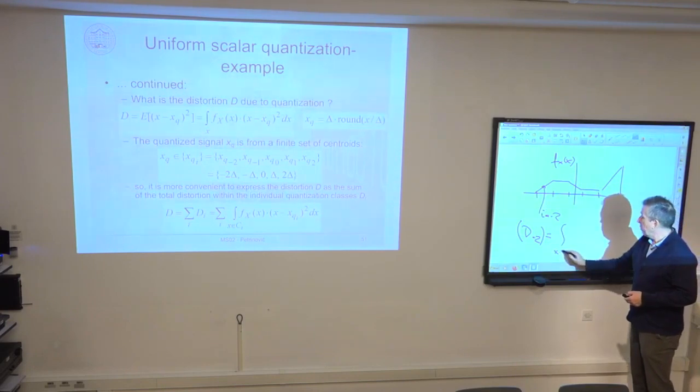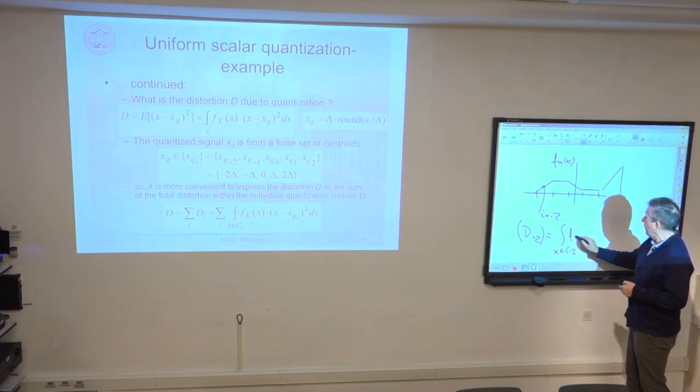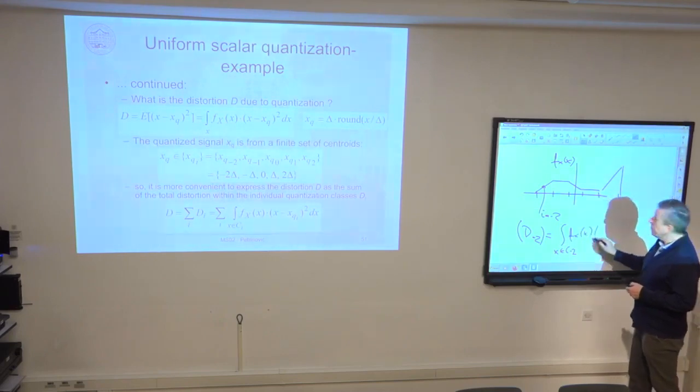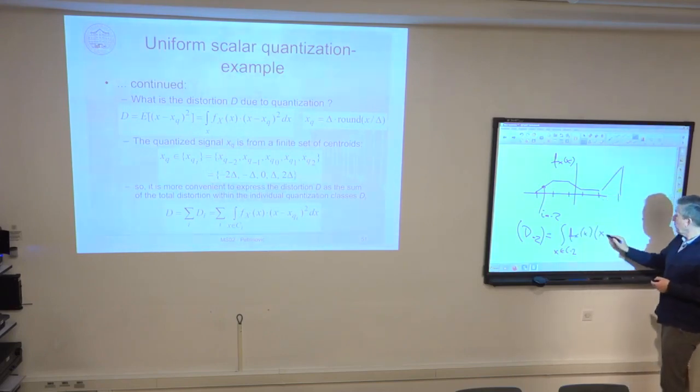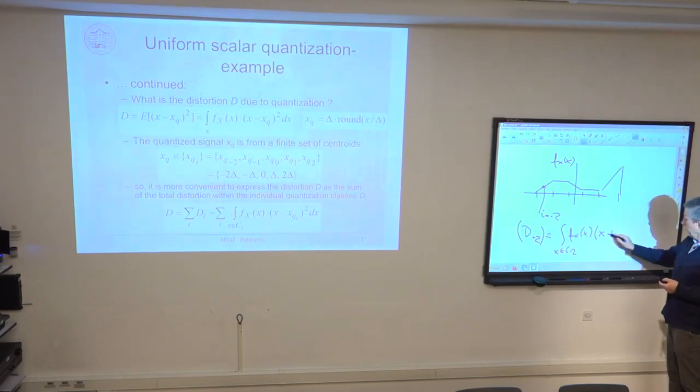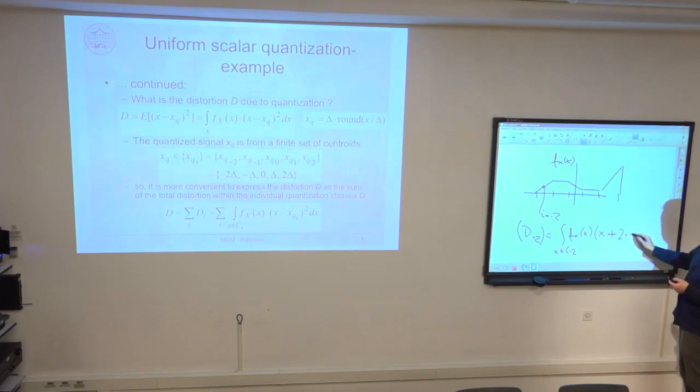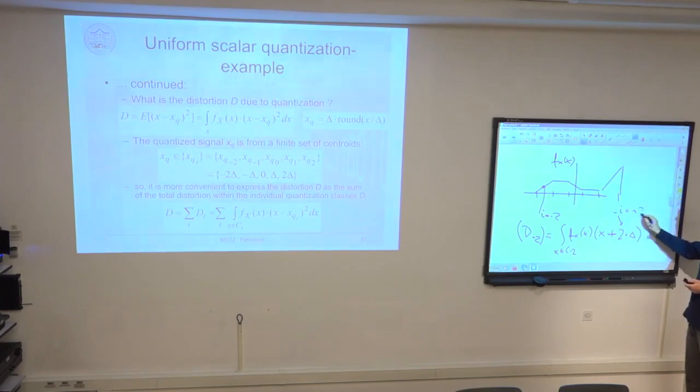So for x an element of class -2, I have to integrate f_X(x) times (x minus, in our case, plus 2 times delta) squared dx, because this is minus i, so this is plus 2.